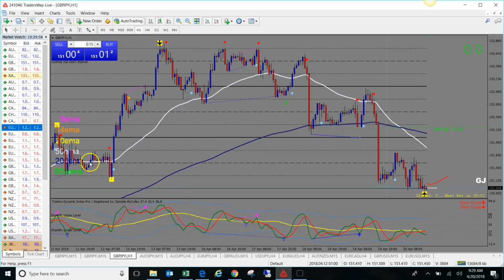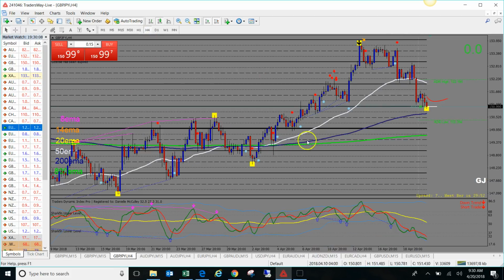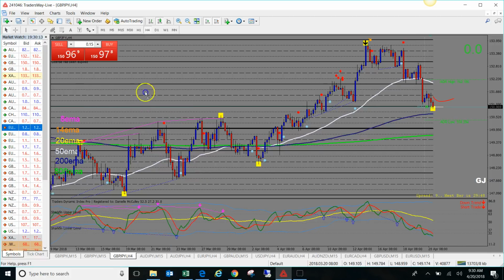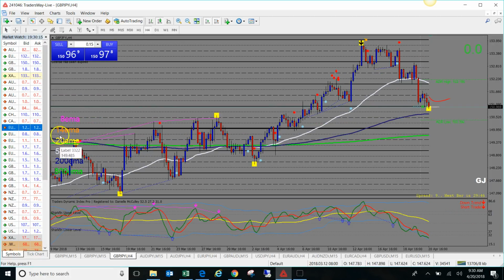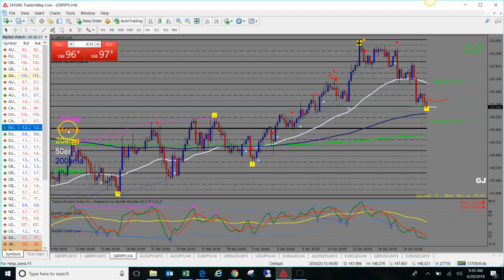So the 50 and the 200, just remember that. You can use those to help you identify the trend. And it's going to be more of a long-term thing when they cross. They don't cross as much as some of the smaller MAs would. So that's why I said when you're scalping, the 8 and the 20 is good.